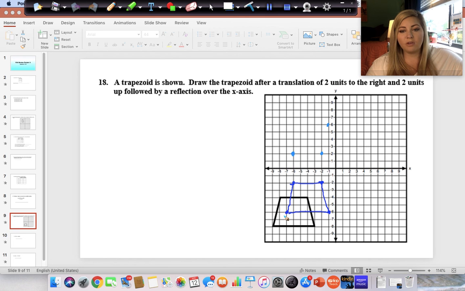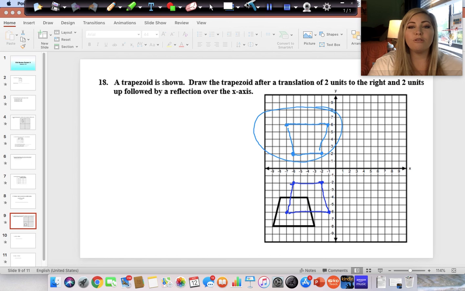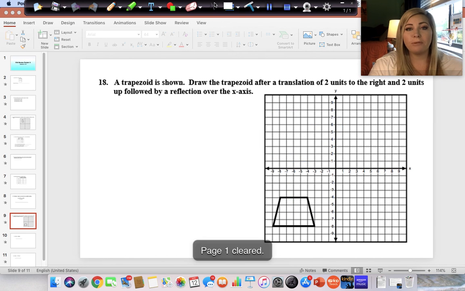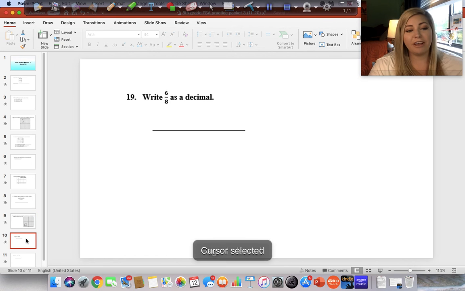And then this is also +6, but it is at -7. So we want to go to -7 and then up to +6 and put a dot. Okay, so that is our final translated version of our trapezoid. Translated and reflected, I guess.